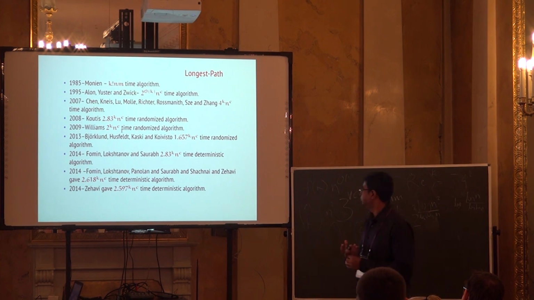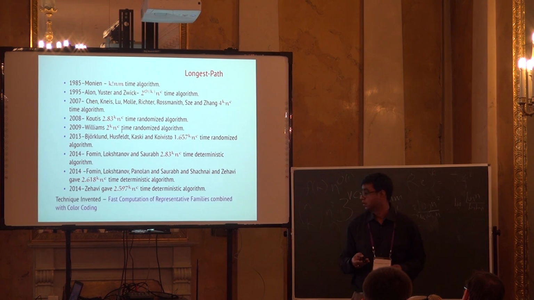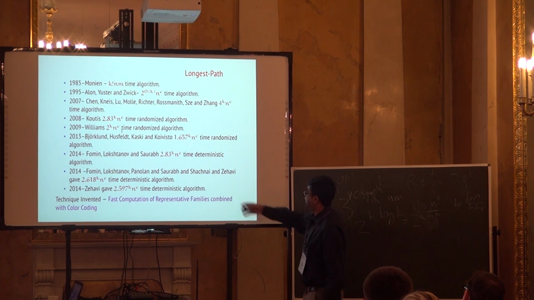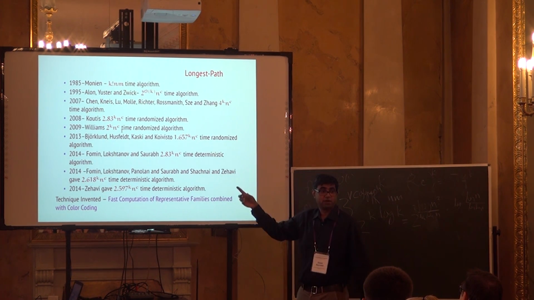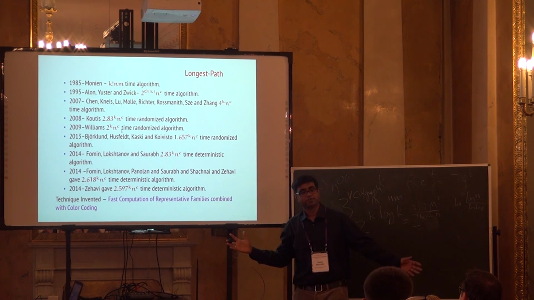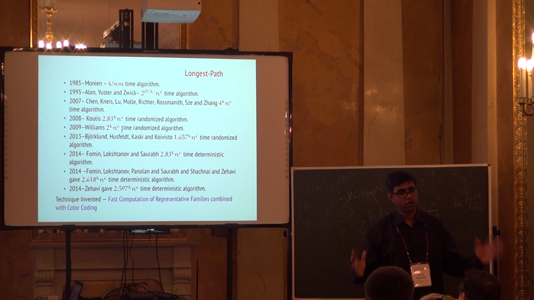And Meirav Zehavi, later in 2014, came up with a slightly faster algorithm with running time 2.597. Basically, she took the algorithm from 1995 and applied ideas from 2007. So she really mixed everything which was known for deterministic k-path in one algorithm.